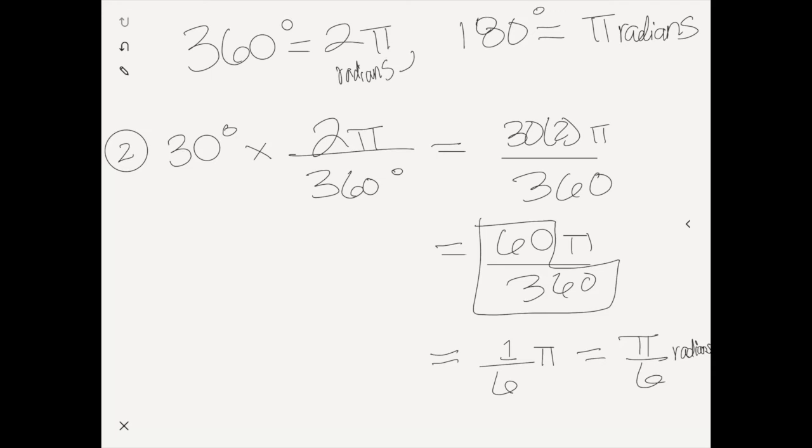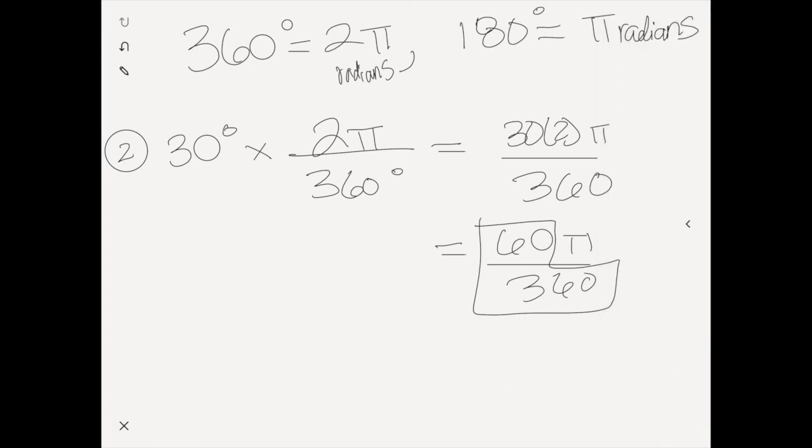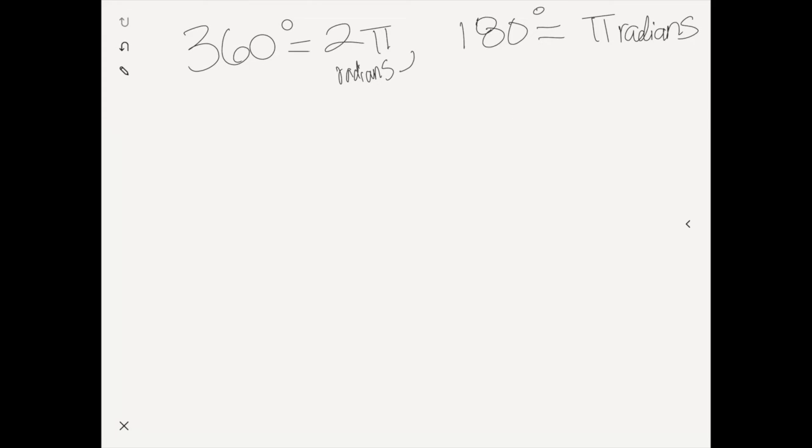Now we're going to try to convert from radians to degrees. Let's erase all of this. I'm actually going to use the ones that we already converted from degrees to radians, and convert them back from radians to degrees. So when we did 30 degrees, we got pi over 6 radians. So let's say you were given pi over 6 radians, and you need to convert that to degrees.